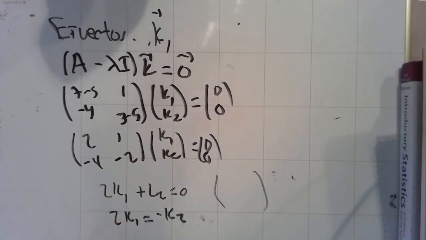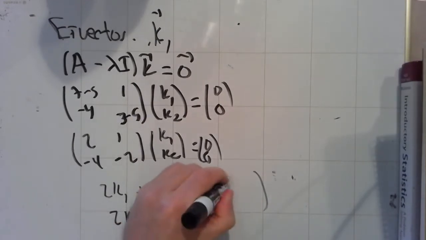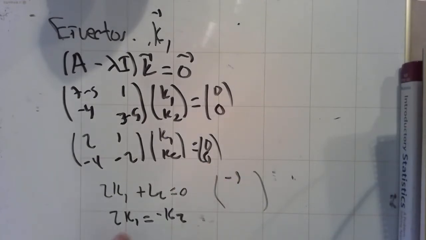That one's a negative 1. So k1 is negative 1. k2 is 2. I could have easily put the negative on the other one. It doesn't matter. I could have called k1 7, and then k2 would have been negative 14. I can make up whatever I want for one and then solve for the other, as long as it's non-zero.